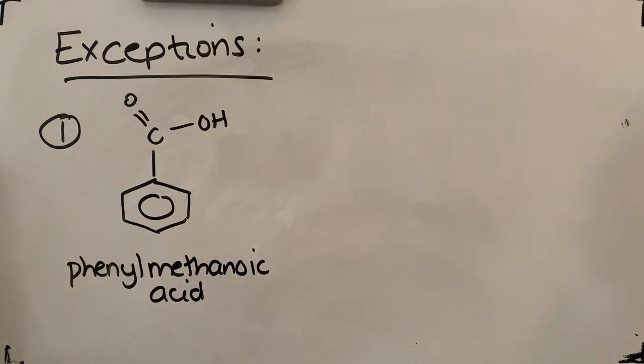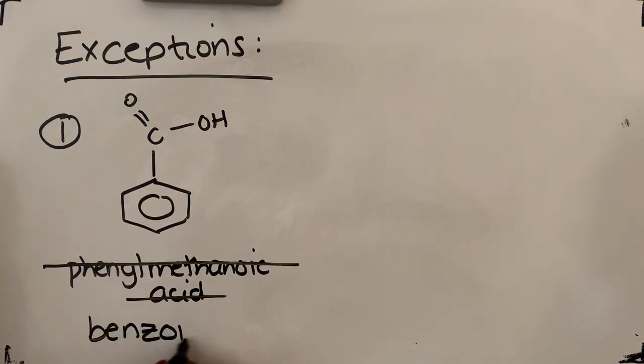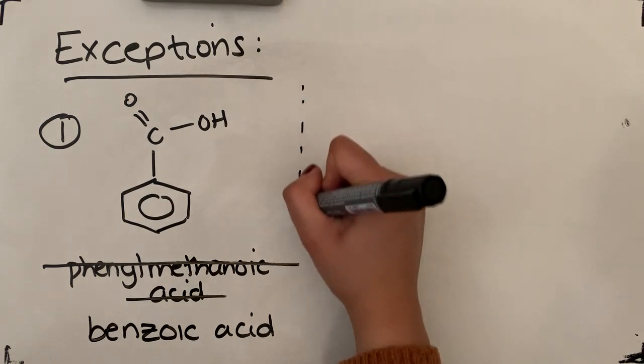Okay, the truth is this is not the name. The name that we go for this one is benzoic acid. So it doesn't follow any of the rules that we've covered. This is one that you just have to know it's an exception. Right, so that's exception number 1.